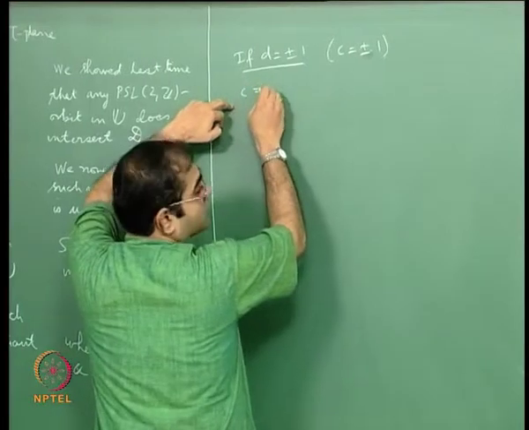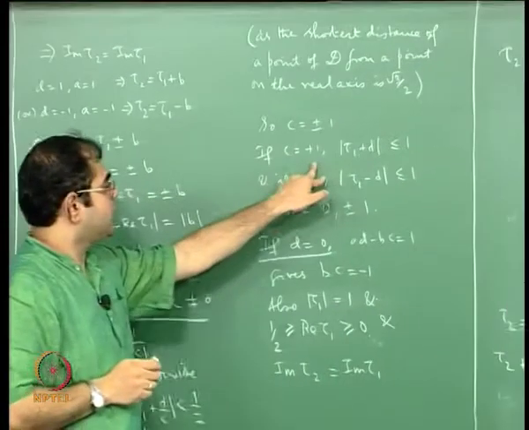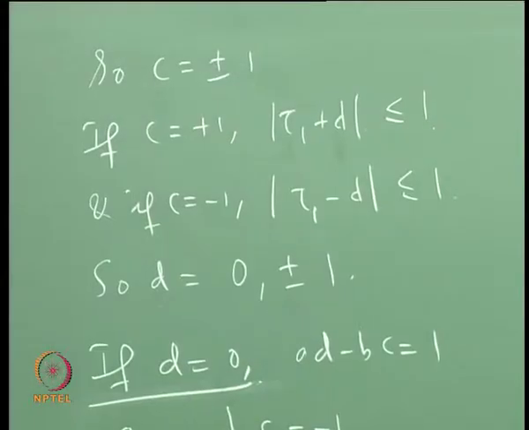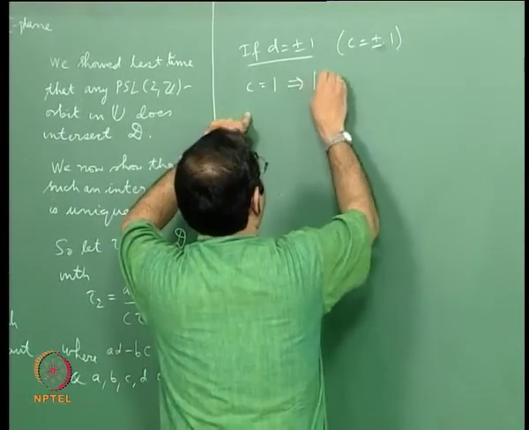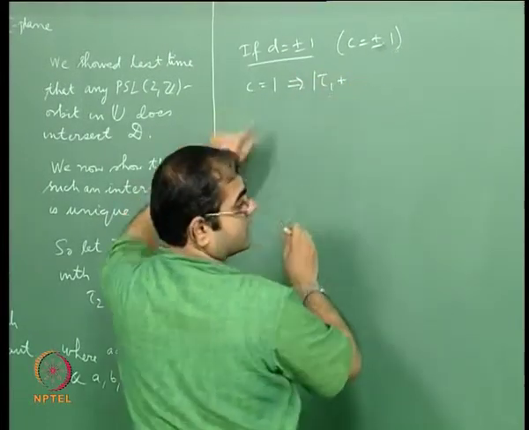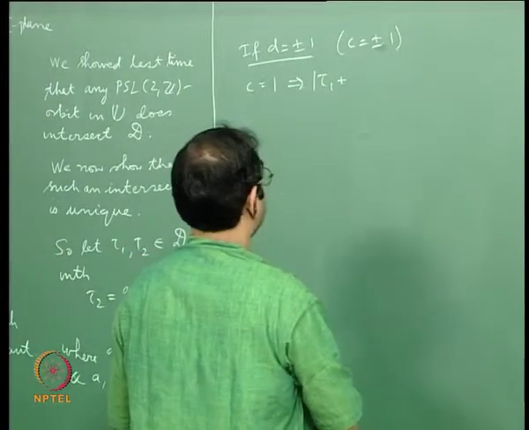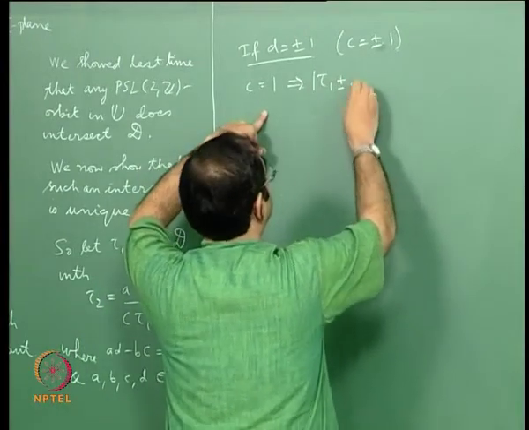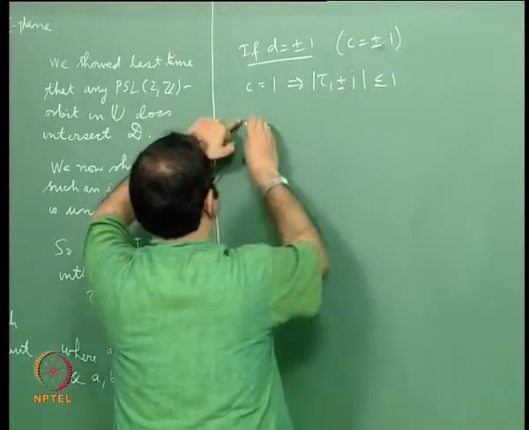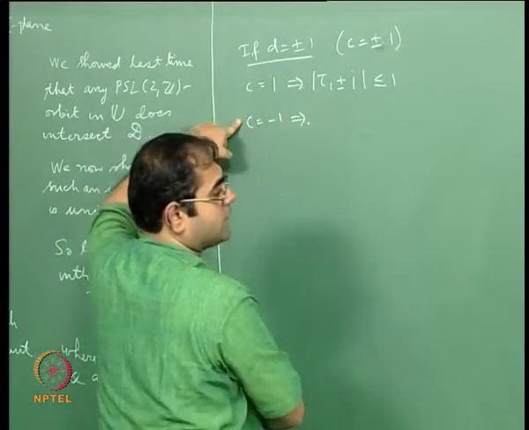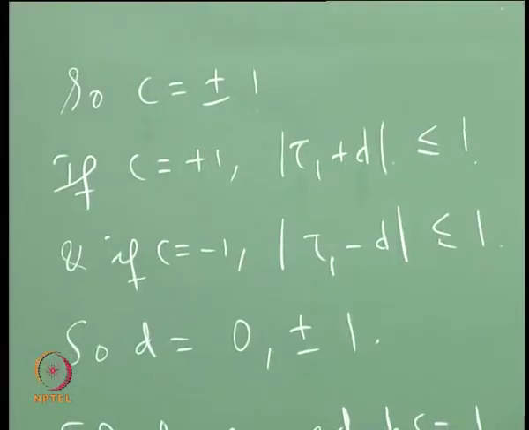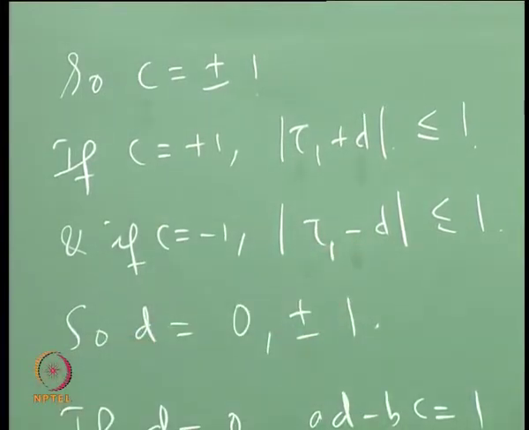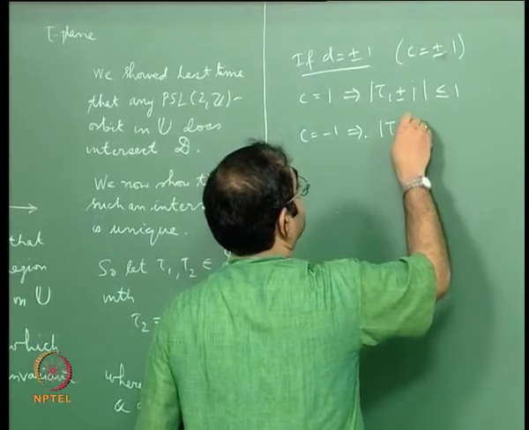So if you go here, C equal to 1 corresponds to mod tau 1 plus D is less than or equal to 1, so I will get mod tau 1 plus or minus 1, D is plus or minus 1, is less than or equal to 1, and C equal to minus 1 will also give me mod tau 1 plus or minus 1 is less than or equal to 1.